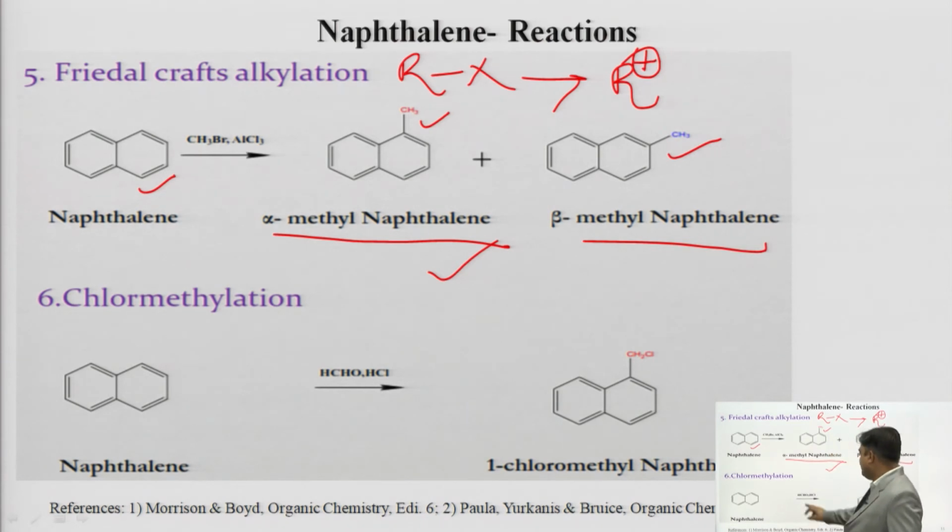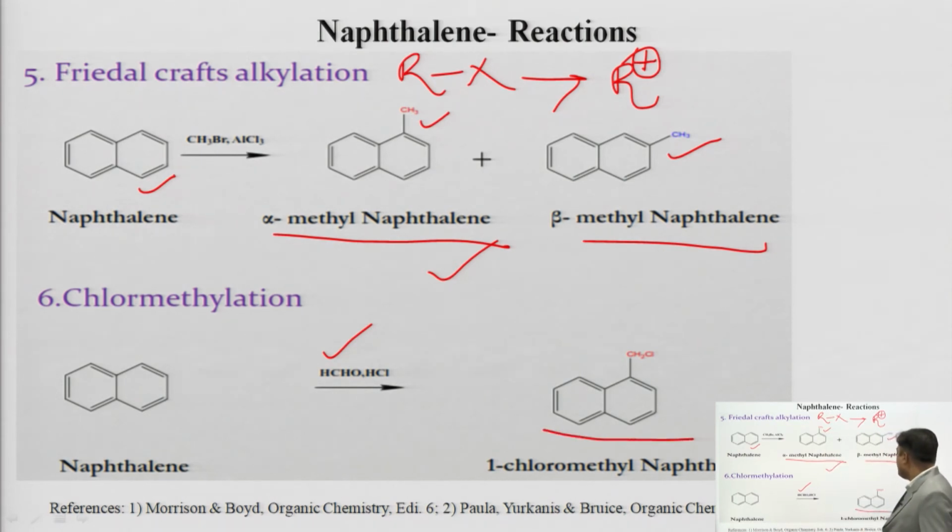Here we use formaldehyde as a reagent in the presence of HCl. So, we get the reagent CH2Cl plus, which acts as an electrophile and attacks naphthalene at the first position, the alpha carbon, and we get our substituted product, 1-chloromethyl naphthalene.